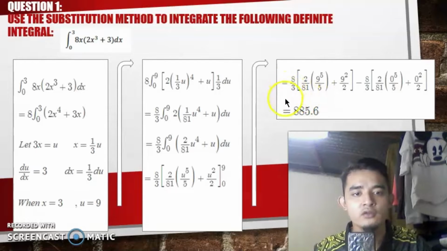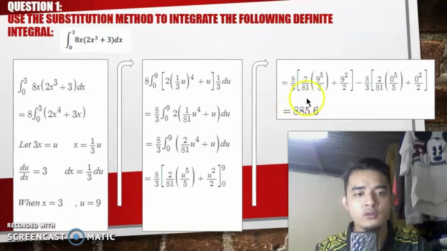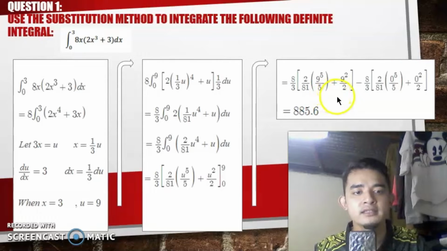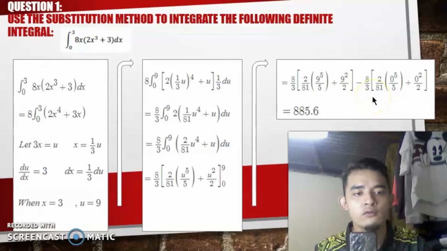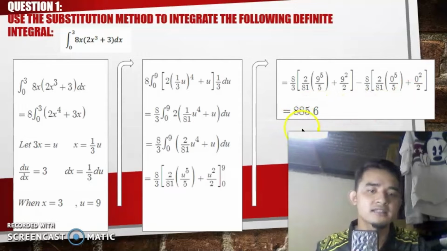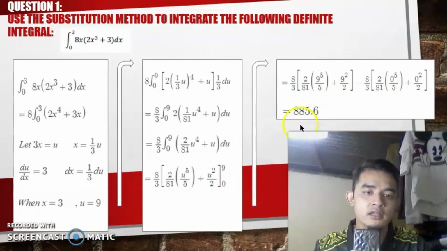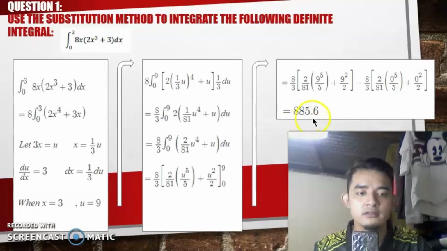We get 8/3 (2/81)(9 square root of 5 over 5 + 9 square over 2) minus 8/3 (2/81)(0 square root of 5 over 5 + 0 square over 2), and we get the answer is 885.6.